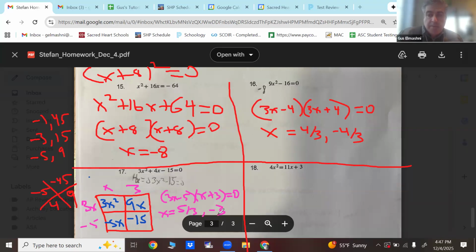You get 5/3 and -3. We solve each of those separately. Again, zero product property, anything times 0 is 0. So -3 makes that 0, 5/3 makes that 0.